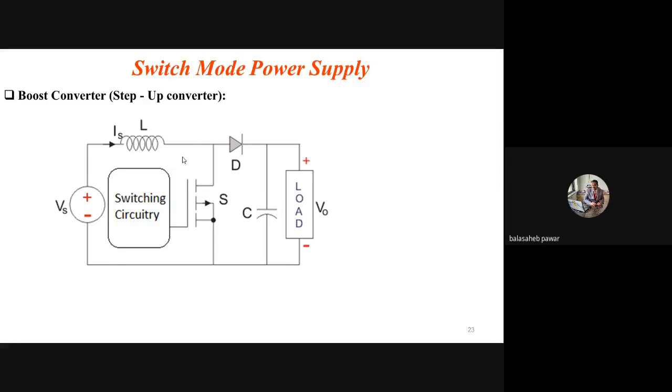When this switch gets open, the total available input supply which gets forwarded to the load will be the main source voltage of 10 volts plus the charge held by the inductor, 5 volts. So the appeared output voltage will be equivalent to 15 volts. And that's why it is known as a boost type or step-up type of converter.